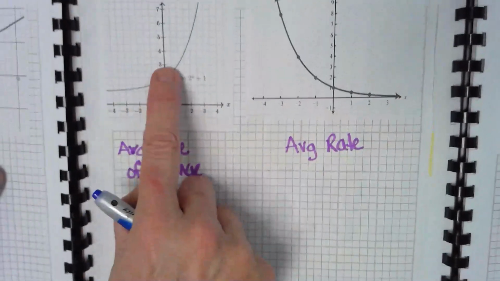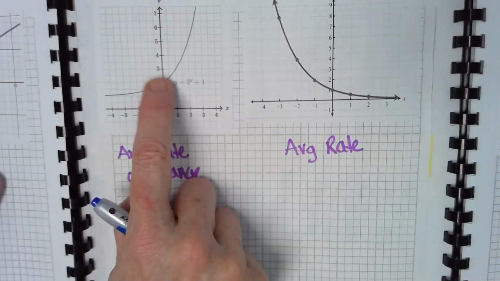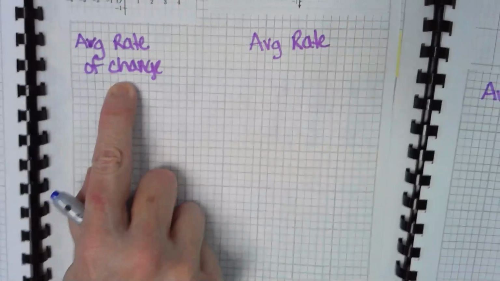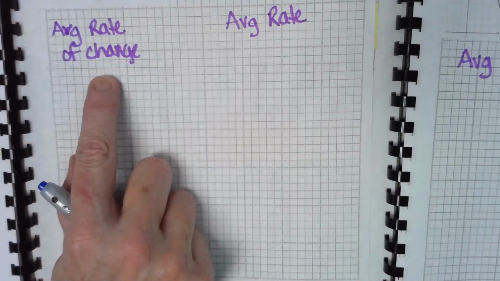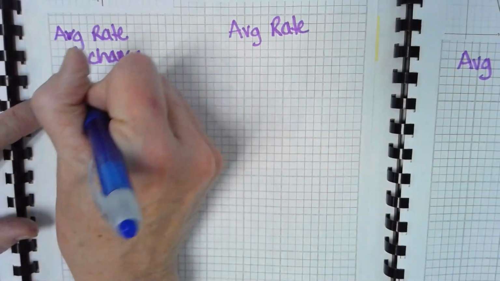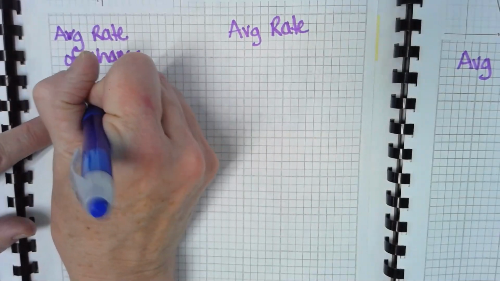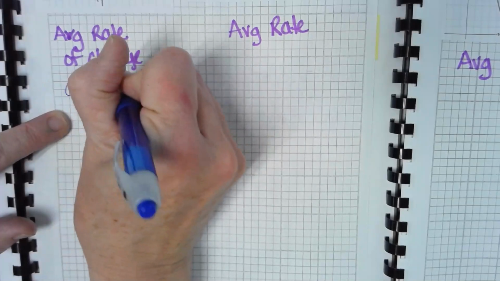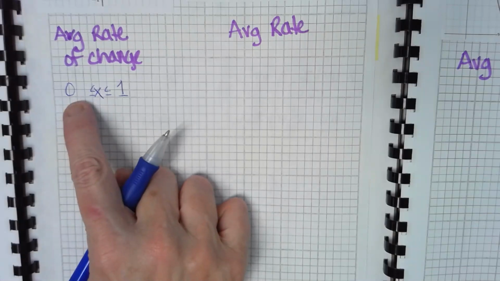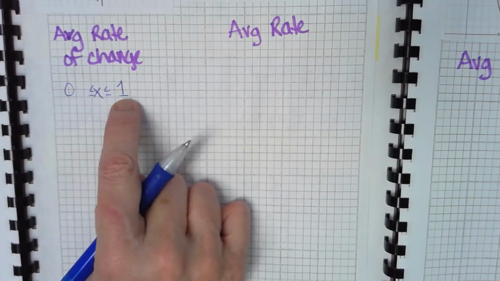So we are right here. Everybody locate this. Okay, I'm going to go ahead and write your 3 intervals. So we are going to find the slope for the interval that is between 0 and 1. And notice that's an x in the middle, less than signs, 0 and 1.